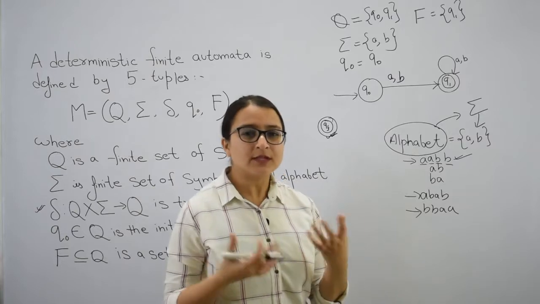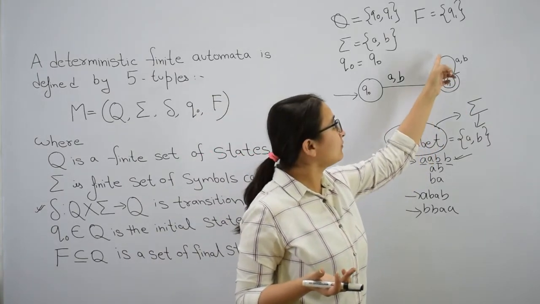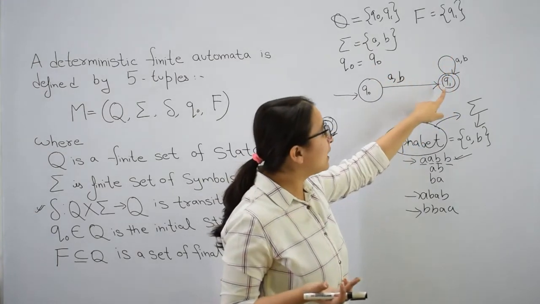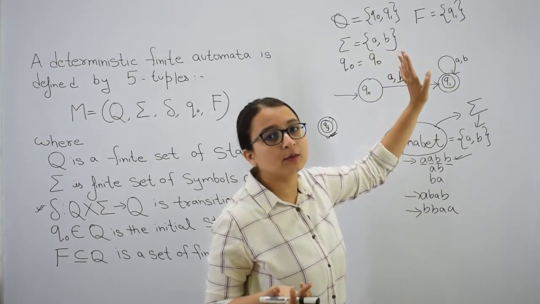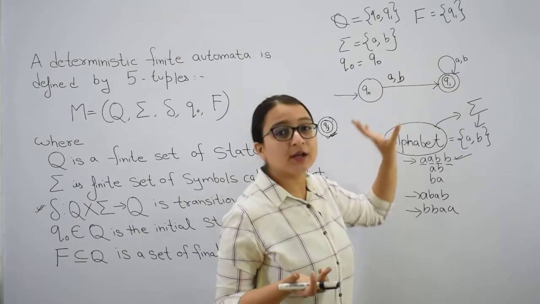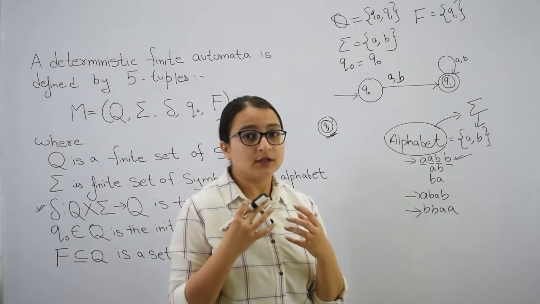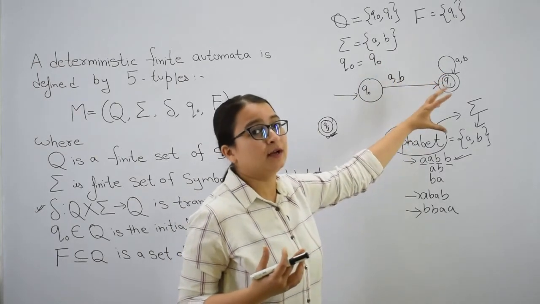Similarly, you are in a state Q1, you get an input A, you remain in Q1. You are in a state Q1, you get input B, you again remain in Q1. So this is what this particular diagram means. From problem to problem, question to question, this diagram may differ, the transitions may differ.